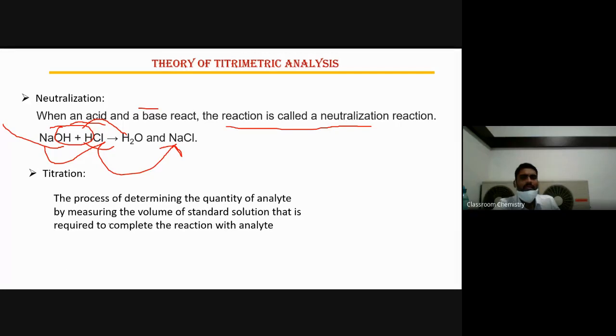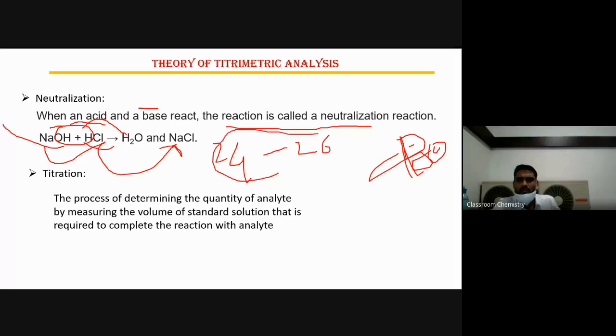And hence, because of some personal errors, some technical errors, your reading ranges from 24 to 26. But if anyone shows a reading of 30, then it is out of range. It is totally wrong, and the examiner does not give marks to this type of titration. Because of personal error we start from 0.5 plus minus, but here I explain plus minus 1.